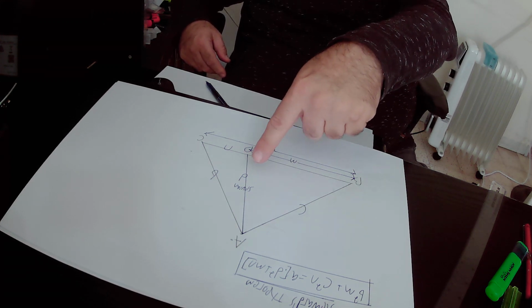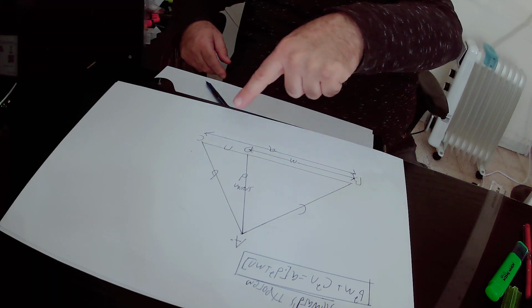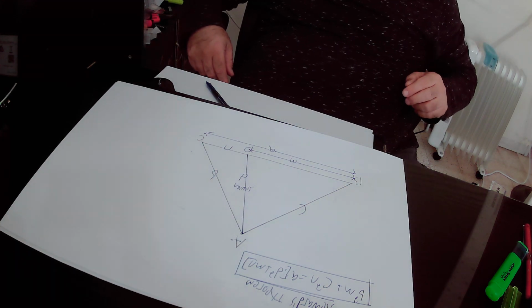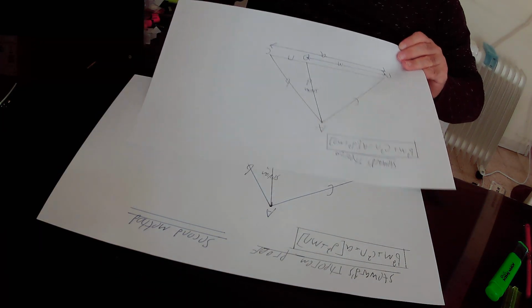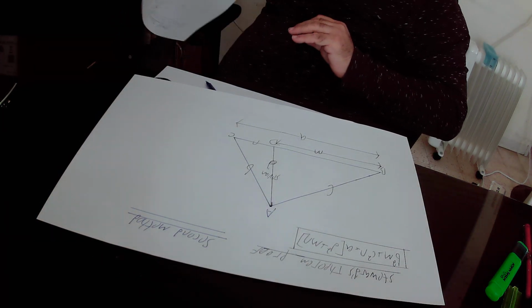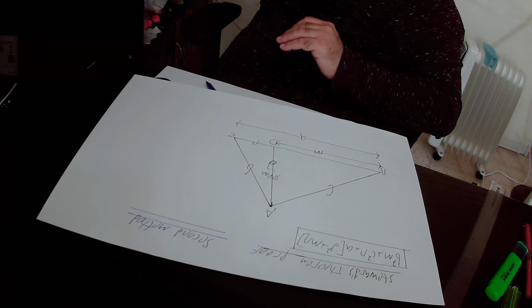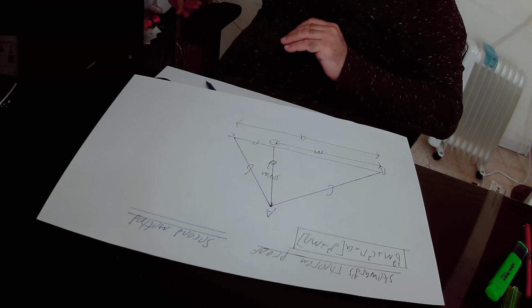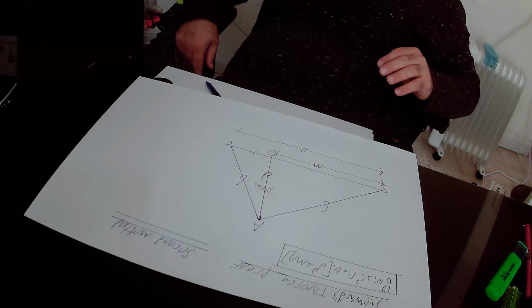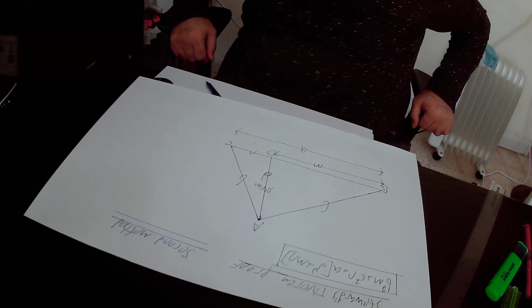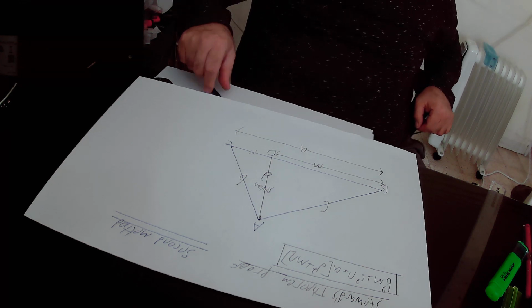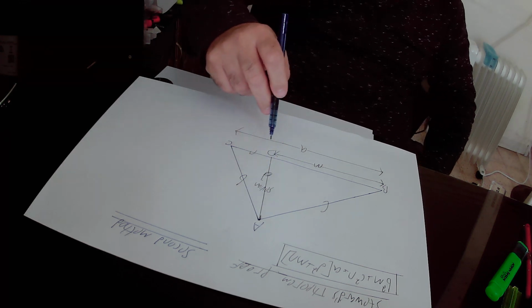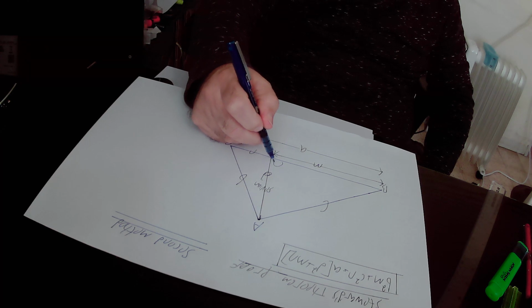Inside the brackets we have d squared plus m times n. And here we will define angle ADB as theta.